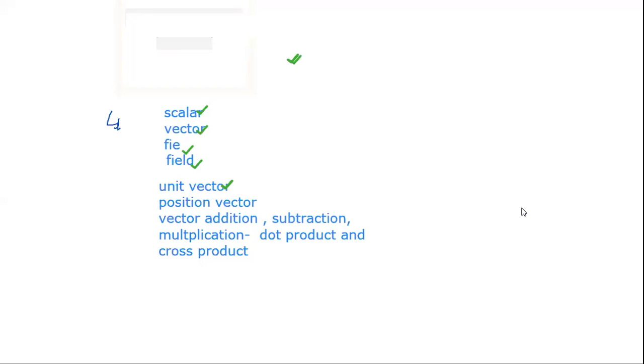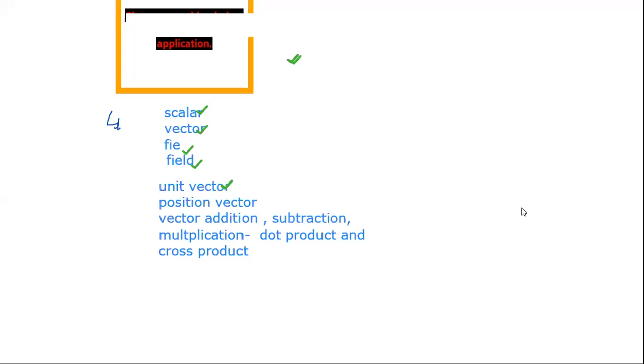Similarly, the unit vector is the main vector divided by its magnitude. The unit vector representation is a equals A by mod A, whose value is always equal to 1. That is a unit vector.